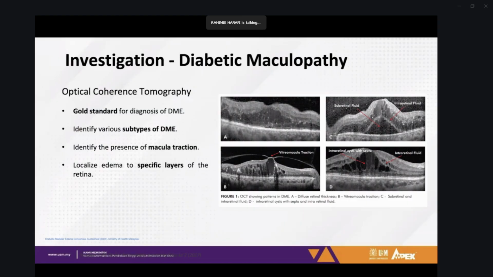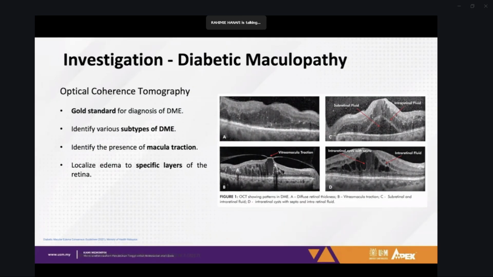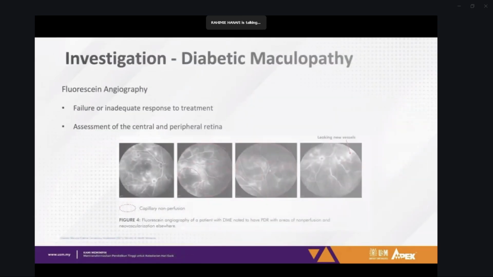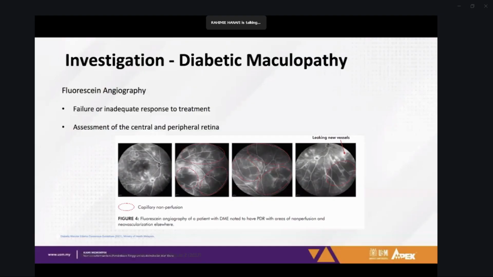This can localize edema at a specific layer of the retina. Okay, and if needed, we will do fundus fluorescein angiography in order to monitor failure or inadequate response to treatment and to assess the central and peripheral retina.